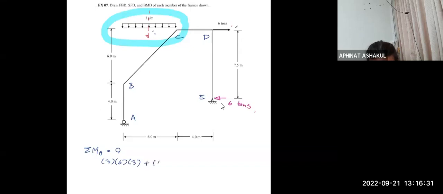So that's plus 6 multiplied by, oh, be careful, it's pretty tricky here. The distance is 10, not 7.5. Minus the reaction here, 6. This distance is 7.5, so this is 2.5, right?